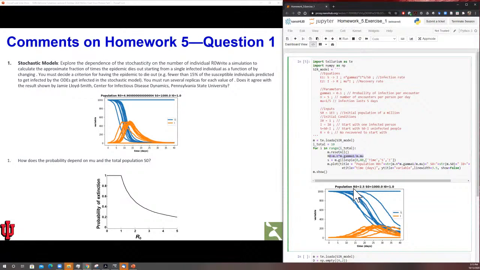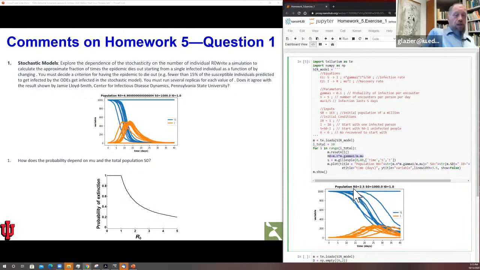One thing, and this was a question I had from a couple of people, that I will remind you of, is that antimony is not friendly with reserved words. If you have a reserved word inside your model definition, it will usually throw an error, but the error may not be very informative.